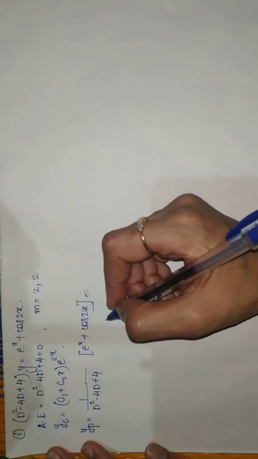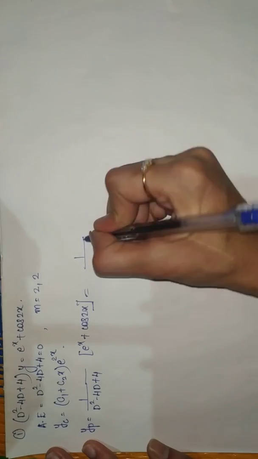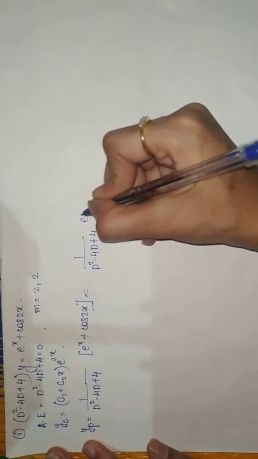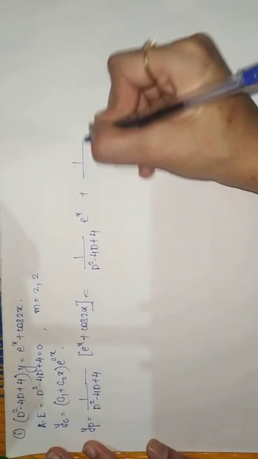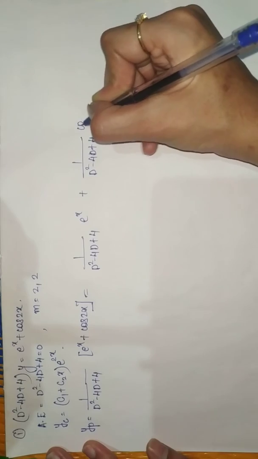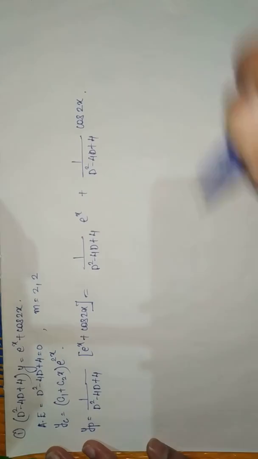This is an integral operator, which we can apply to both the functions separately: 1 upon D square minus 4D plus 4 over e to the power x, plus 1 upon D square minus 4D plus 4 over cos of 2x.